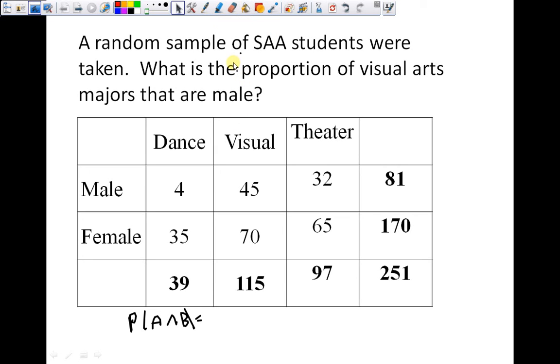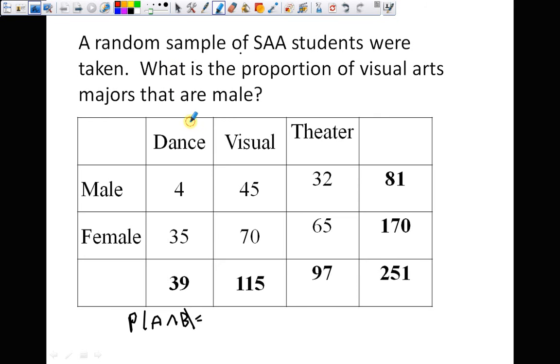Okay, same thing here. What is the proportion of visual arts majors? Oh no, this is actually a different question. This is what we call conditional probability. In these problems, you're basically given a condition and then asked to find the probability out of that condition. So it says, what is the proportion of visual arts majors that are male?